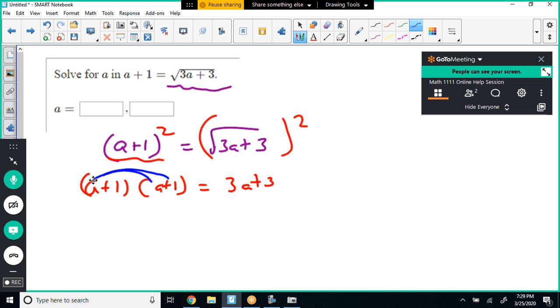Now we're going to FOIL, right? A times A is A squared, plus A, and then 1 times A is A, and 1 times 1 is plus 1. So we've got A squared plus 2A plus 1 equal to 3A plus 3, right?